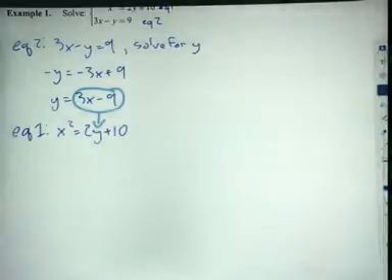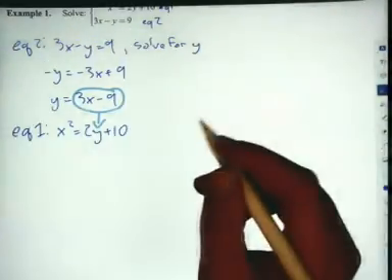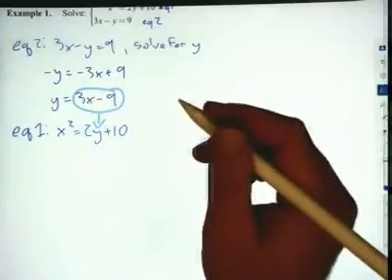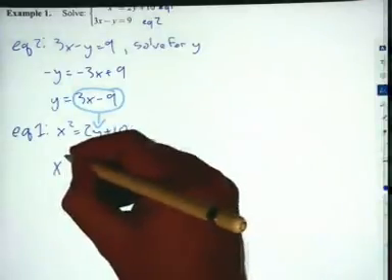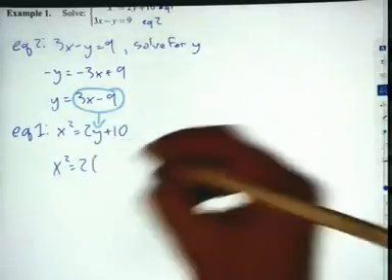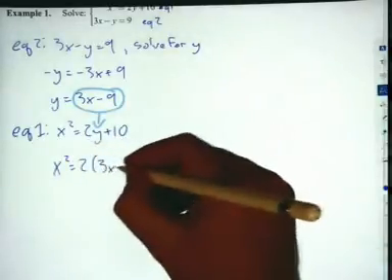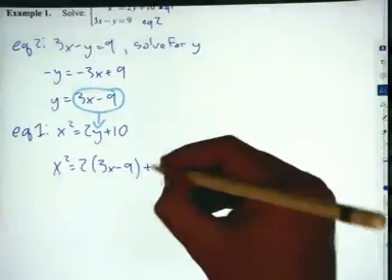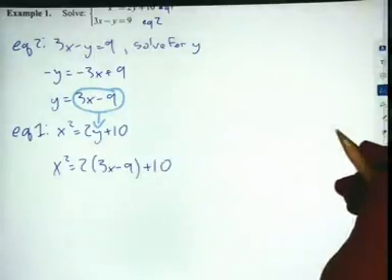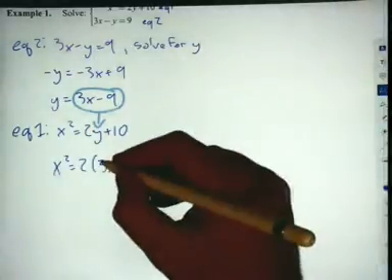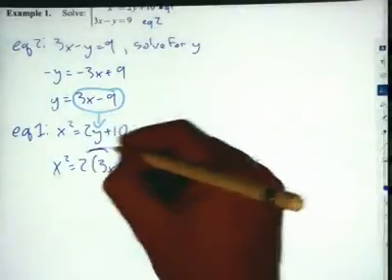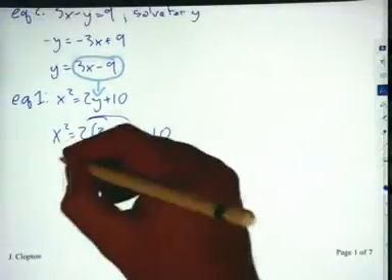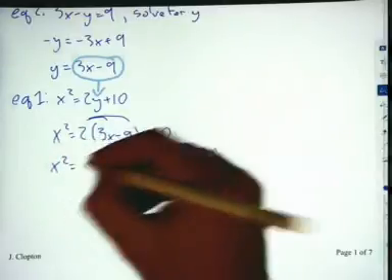So we're doing the same type of work that we did with linear systems. It's just now that we have some nonlinear equations. So what do we get? We get x squared is equal to 2 times (3x minus 9) plus 10. Make sure that you put that 3x minus 9 in parentheses because we have to recognize that that 2 is going to distribute.